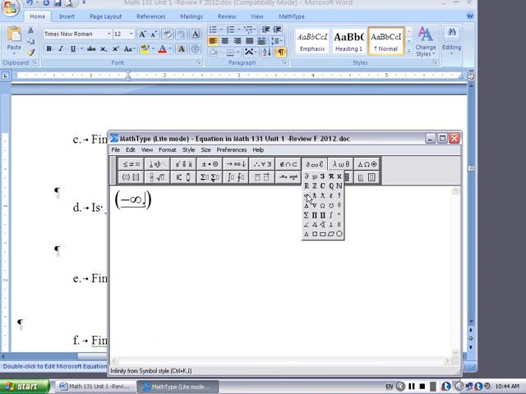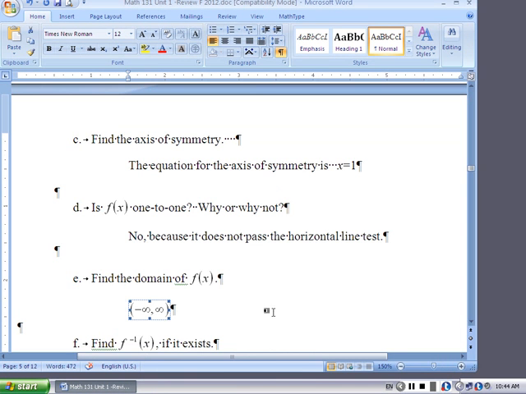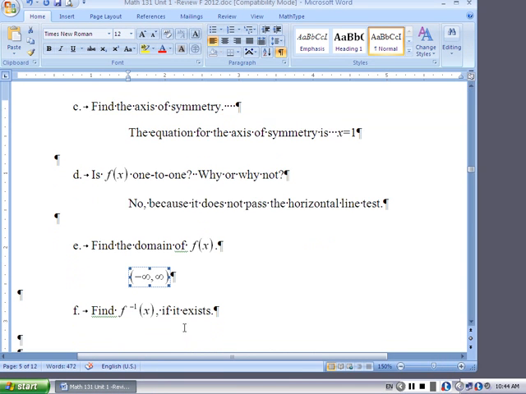Does it make sense to all of you? Okay. All right, find the inverse if it exists. And what do you say? You say, I don't need to find it. Since it is not one-to-one, it does not have an inverse function.